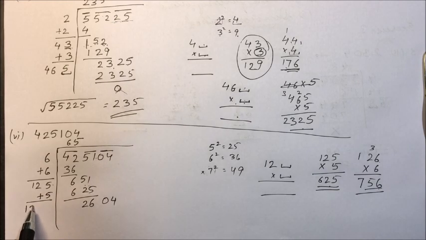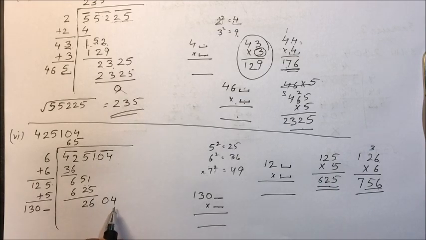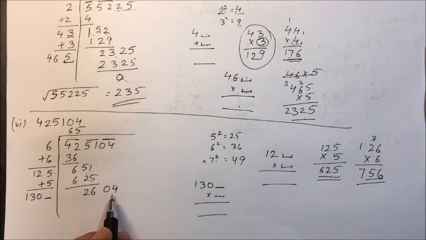It will be 130, and here we have to calculate the digit. So 130, what digit should be here such that when multiplied with the same number, we get a product that should not exceed this number. So here you can check as well. Take two digits here, last two digits you leave.